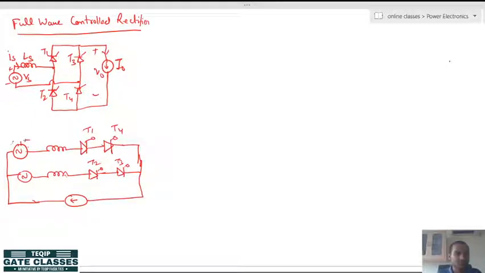So, either this supply voltage Vs, I am drawing the reference values only. So, let us say this is current IT1 or IT4 and this is current IT2 or IT3. Now, let us draw its waveform.